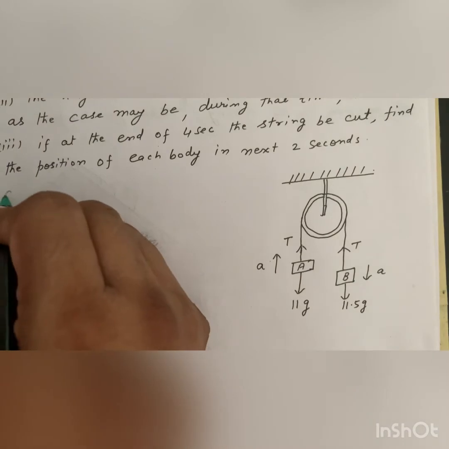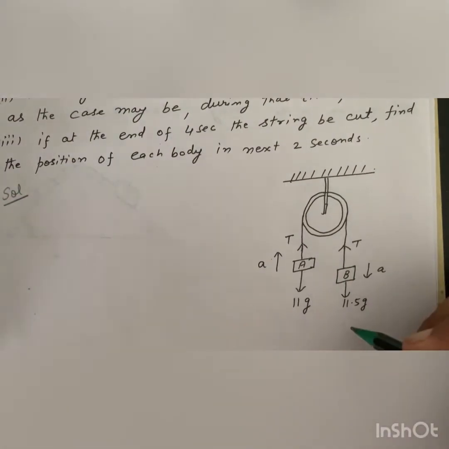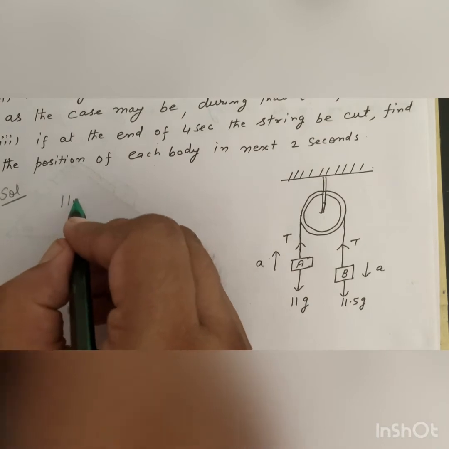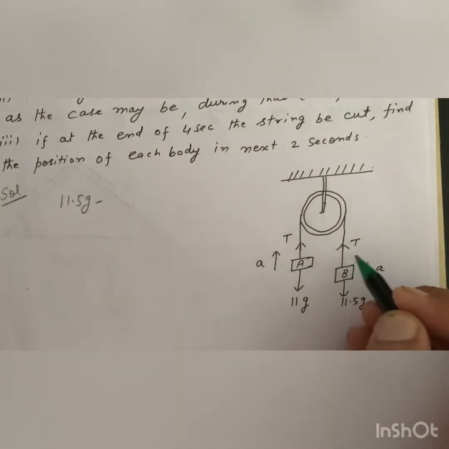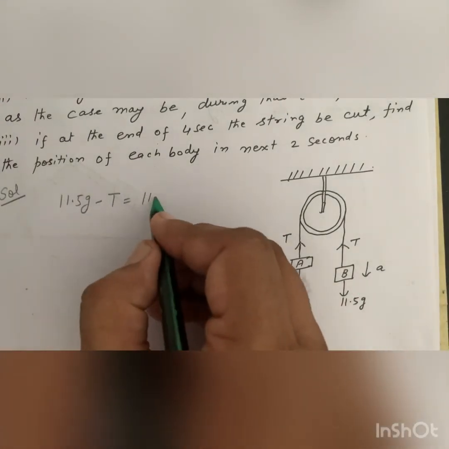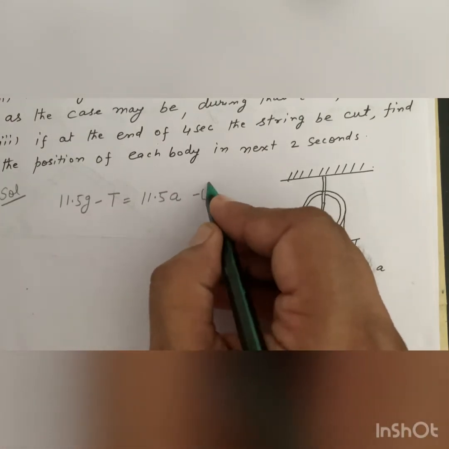So solution, here for downward motion, say acceleration is in this direction, for downward motion we have 11.5g minus T equal to mass into acceleration, and the mass of this body is 11.5, acceleration is A. This is equation number 1.